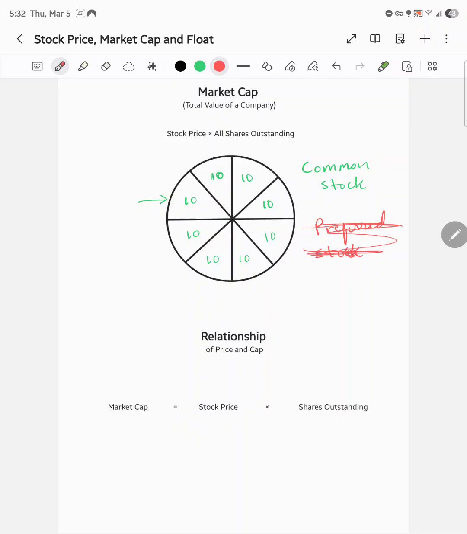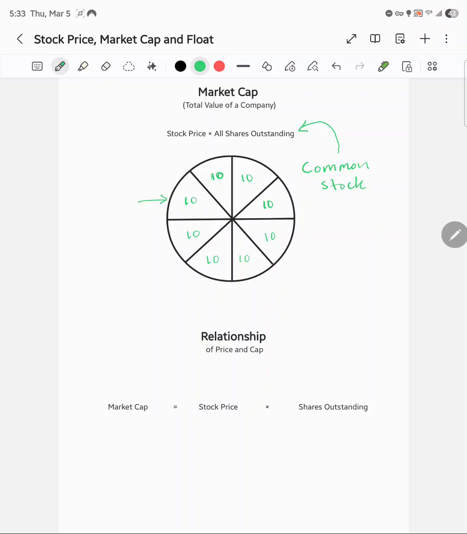Not this one, okay? Only common stock. It can be common stock class A, B, C, D, E, F, G, H, whatever. Common stock, okay? So keep that in mind. Every time we're talking about outstanding shares, we are talking about the common stock.